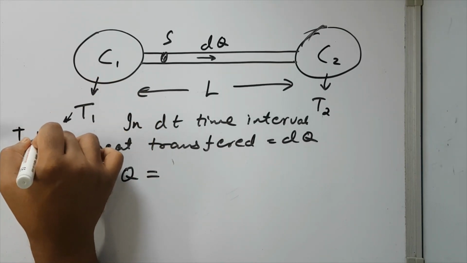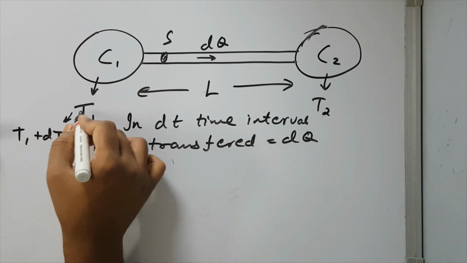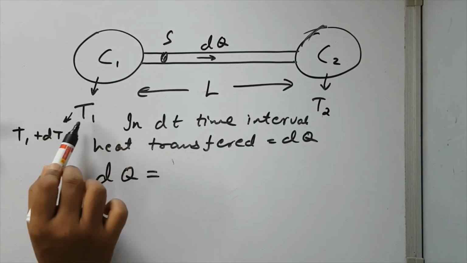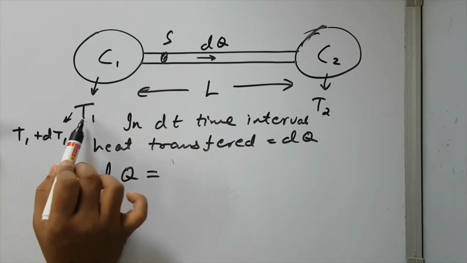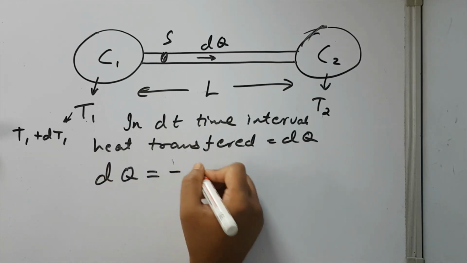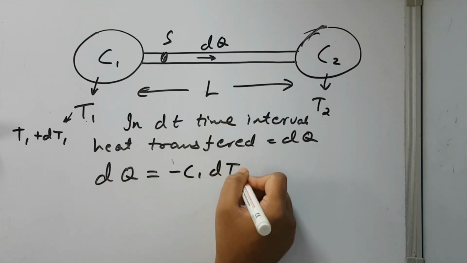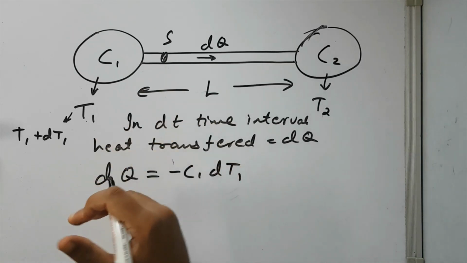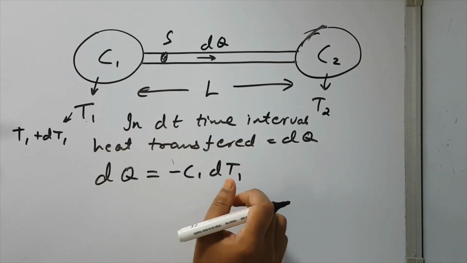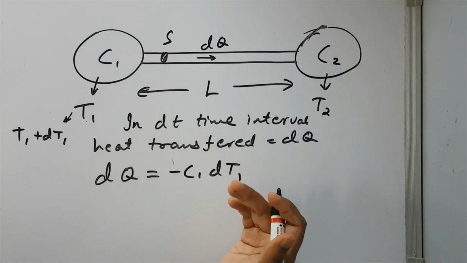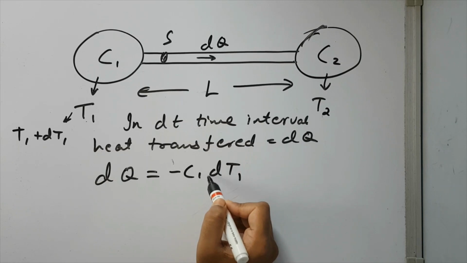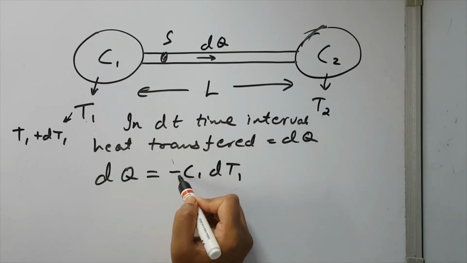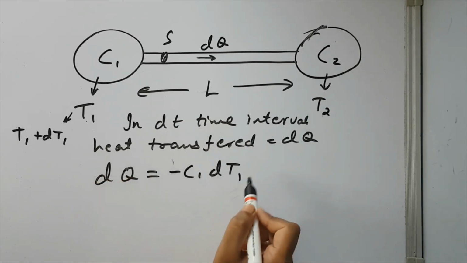You know this temperature is decreasing, so the heat lost would be minus C1 dT1. The difference would be minus dT1 because the temperature is decreasing. Or the other way to think about it is that dq is equal to C dT, and here dT is negative, so we put a negative sign to keep this equation positive.